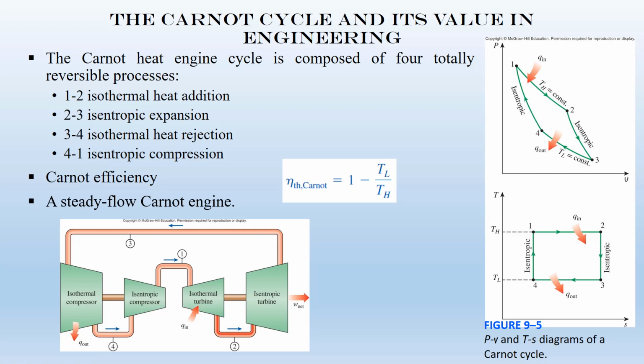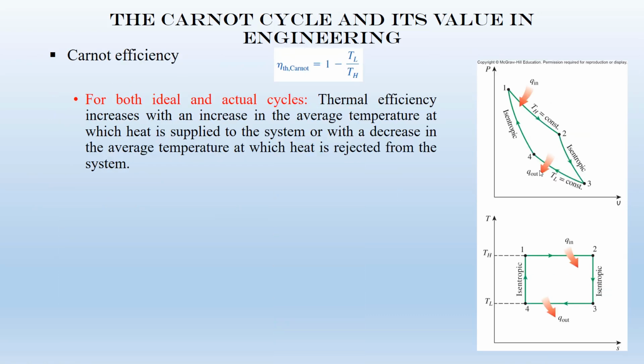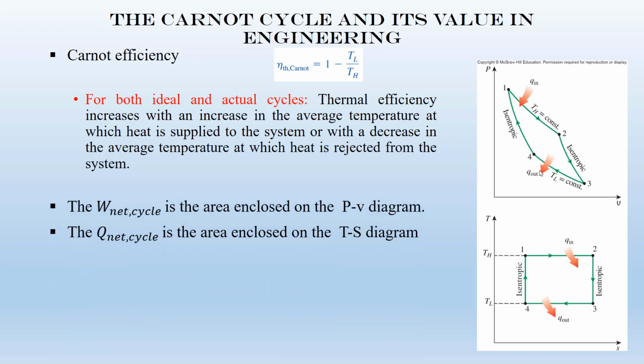By increasing the temperature of the source that provides heat to the system, or by decreasing the temperature of the sink, the place that heat is rejected to. So these are two methods to increase the thermal efficiency of ideal, actual, and Carnot heat engines.